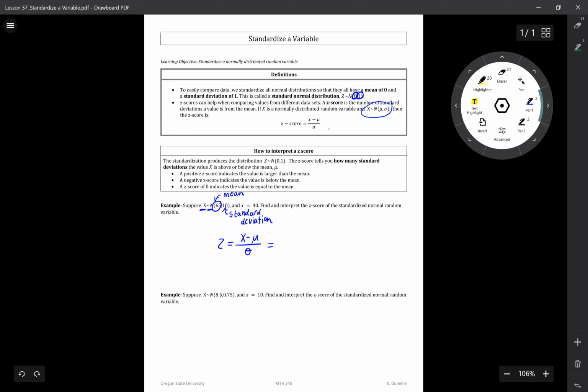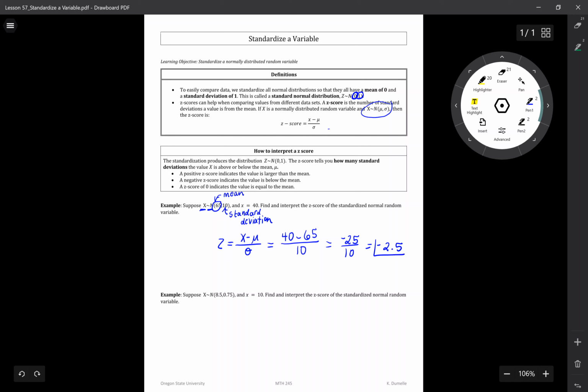In this case, the x that we care about is 40. From the 40, I subtract whatever my mean is, which in this case is 65, and I divide that by the standard deviation, in this case 10. So this is negative 25 divided by 10, or negative 2.5.